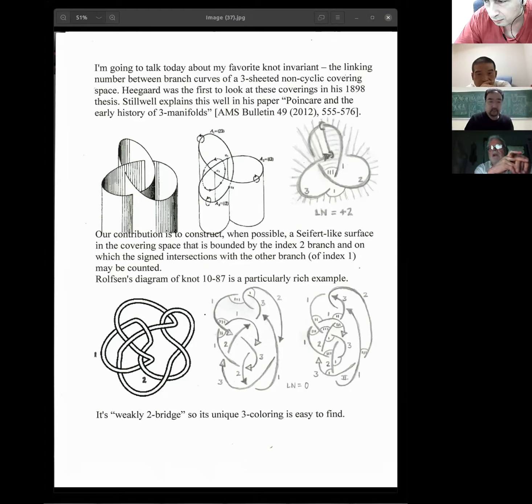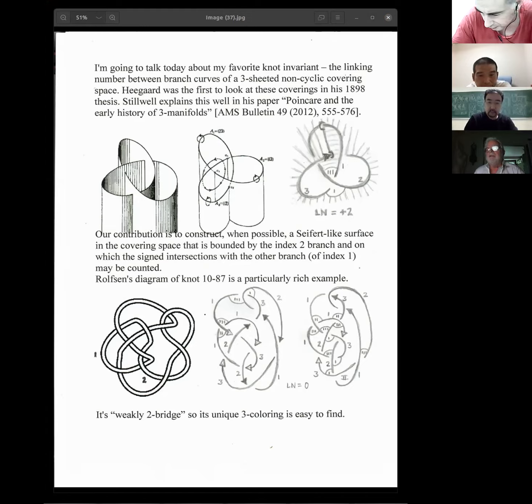And basically what I do is to see the way the branch curves in this covering space, by the way, there are two branch curves in the three colored covering space of any knot, because if you make a little loop around the knot itself in the base space, that will lift upstairs to two different loops, one of degree 2 and one of degree 1.